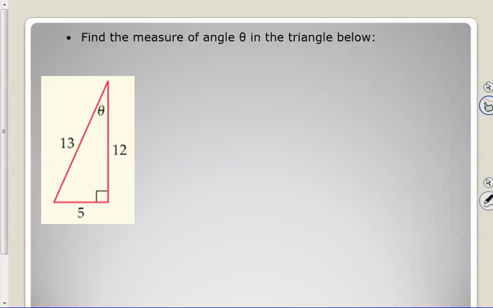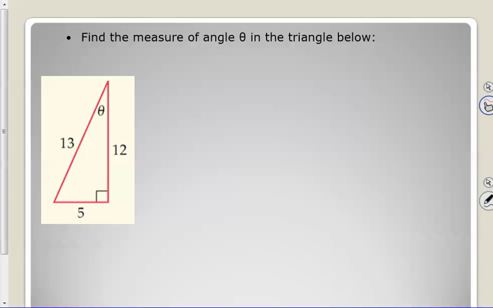Here is one more. Let's find the measure of angle theta in this triangle below. So crazy, I could actually use any one I want because I have all the parts. So I'm going to use sine.